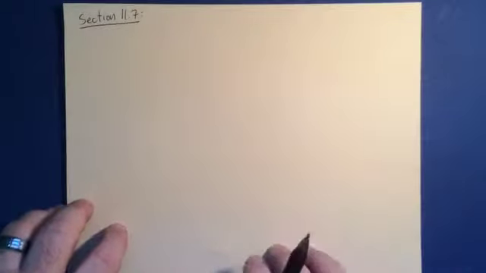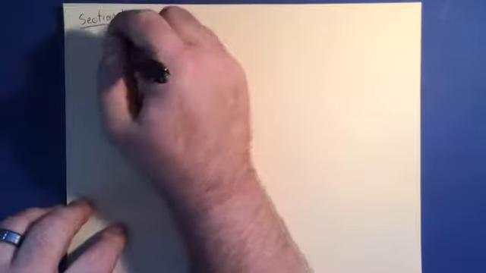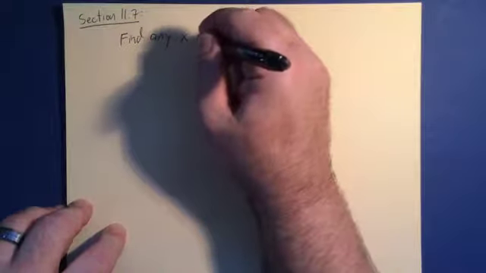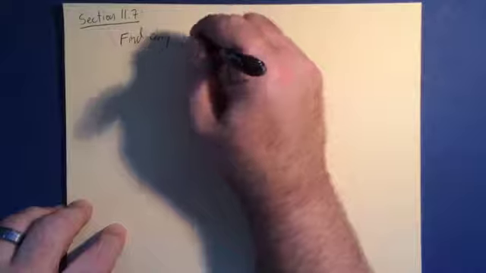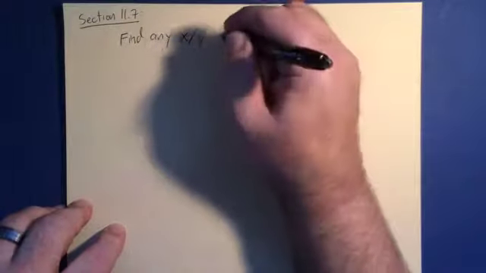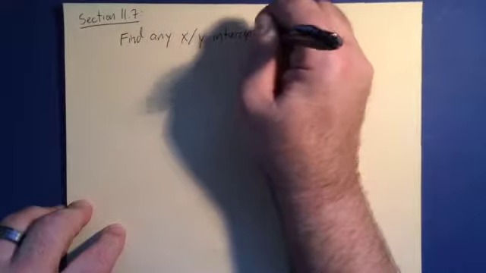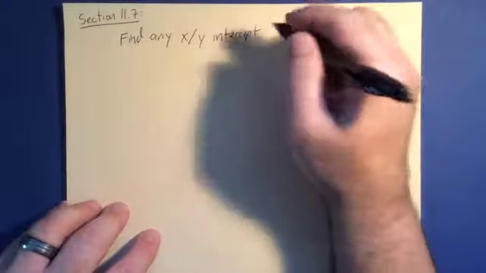So the set of questions I'm going to look at will have the following directions. Find any x slash y-intercept. So it could be an x-intercept or a y-intercept. Or in the case of the x, it could be intercepts.